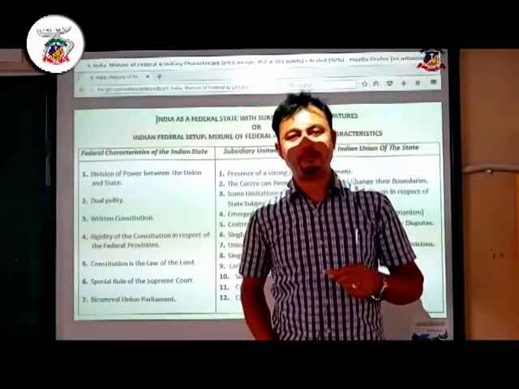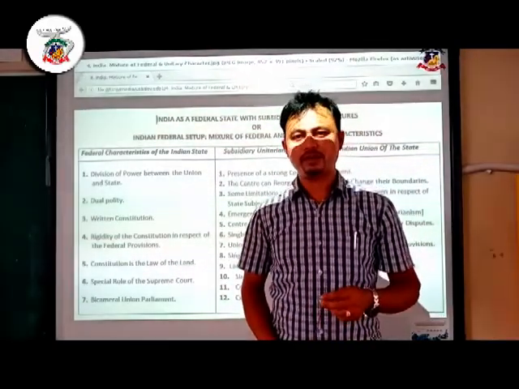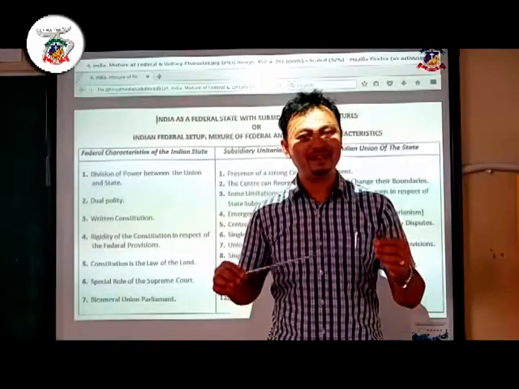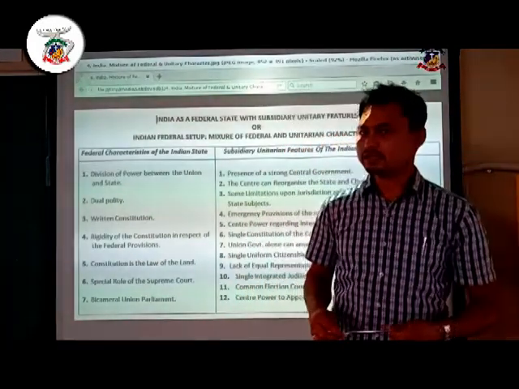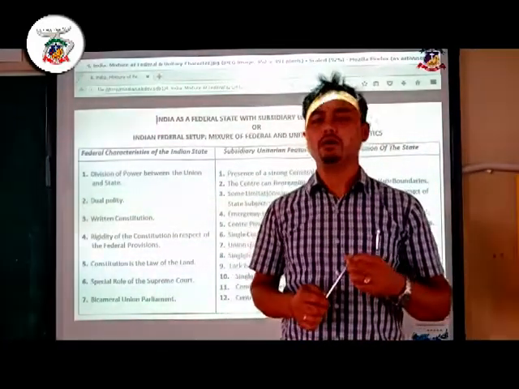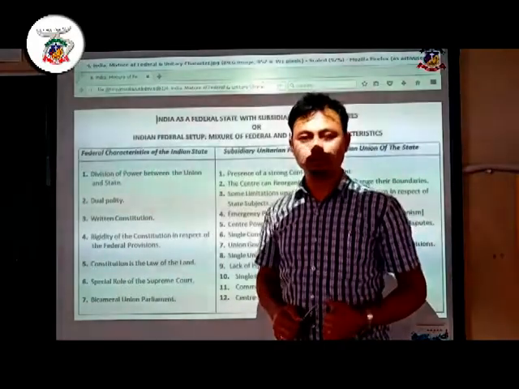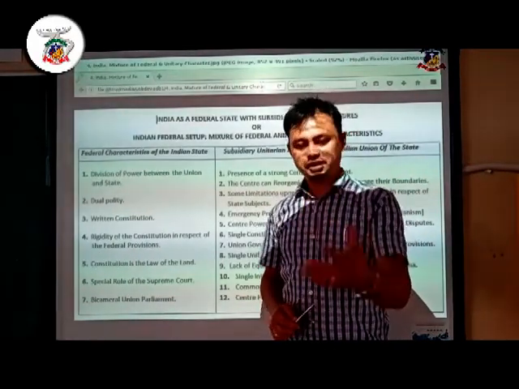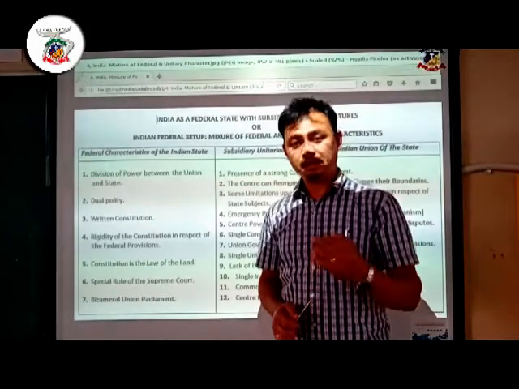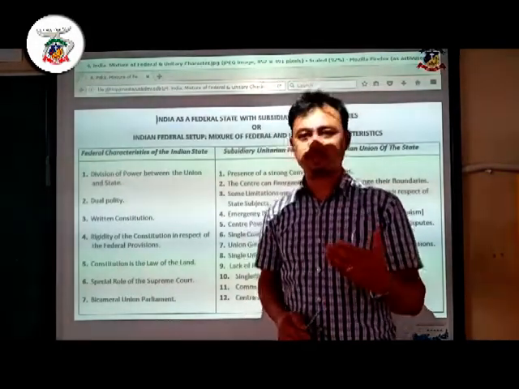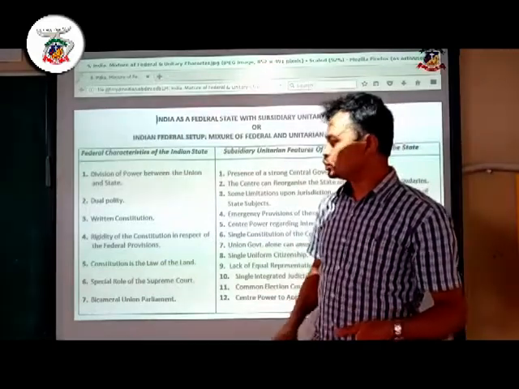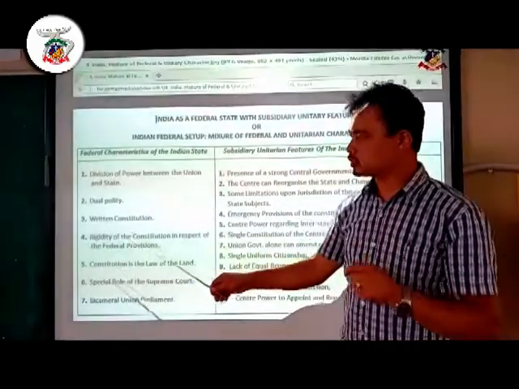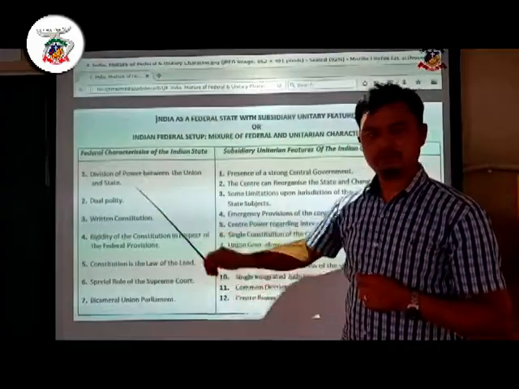Whenever the question about the federal provisions comes, the constitution has to be rigid, which means it cannot be amended quite easily. There has to be a two-third majority in the center, in the parliament, and there has to be a two-third majority in the state legislative assemblies also to amend the constitution, which is also present in the Indian federal state.